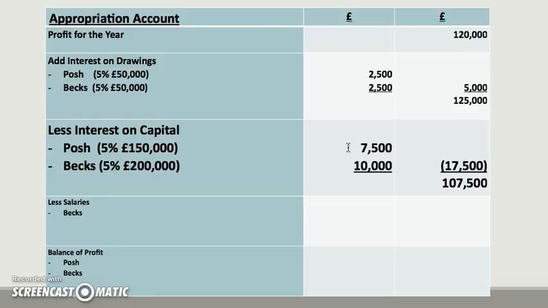So Posh is going to receive £7,500 of profit, whereas Bex is going to receive £10,000. And that means that the first £17,500 of that £125,000 profit we saw just at the top there has now been shared out. And that leaves us with £107,500 that we're still going to share out in whichever way they've agreed to do it.